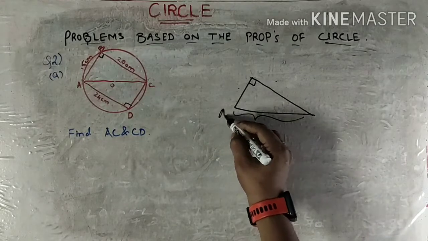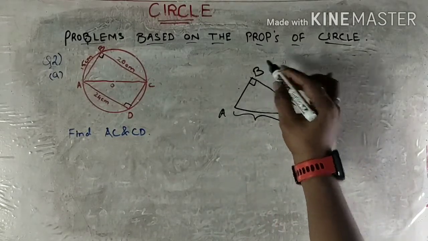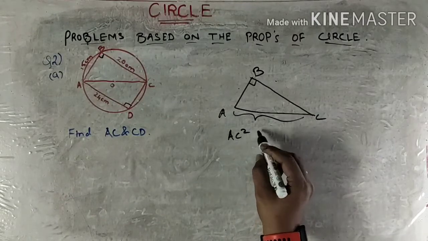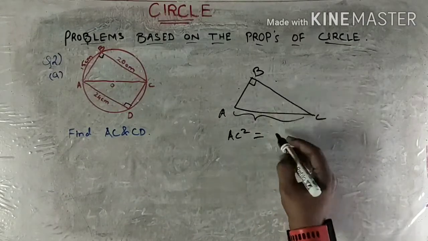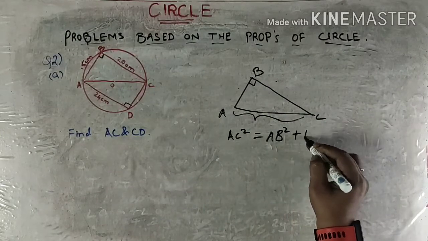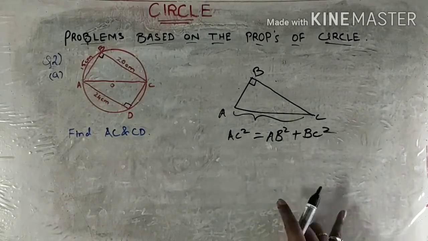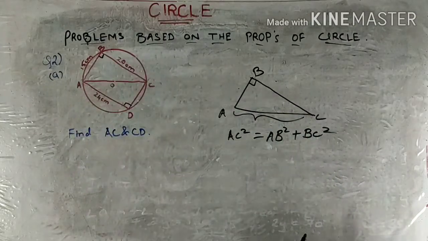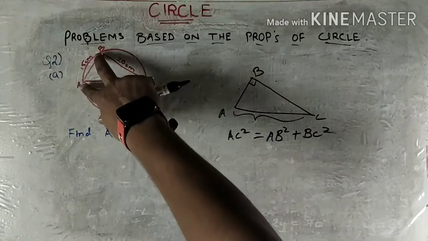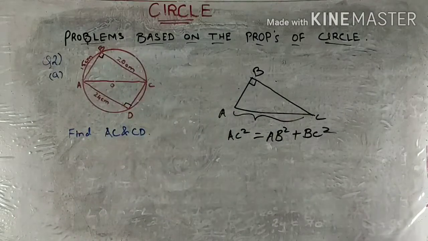So if this is A, C and B, then hypotenuse square, that is AC square, equals the sum of the squares of the other two sides. That is, AC square equals AB square plus BC square.